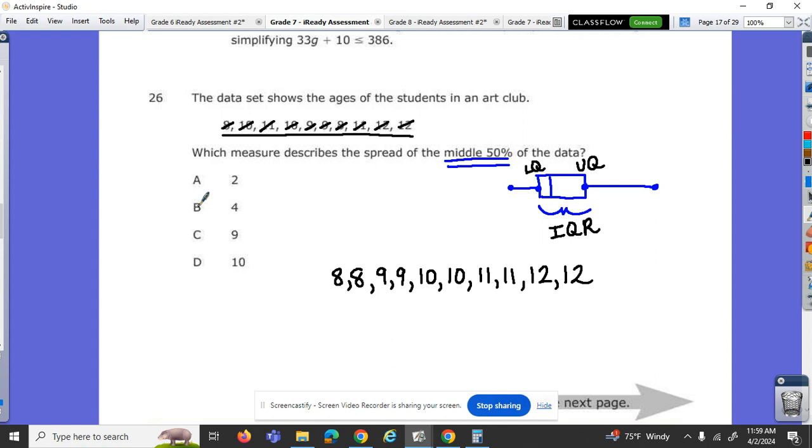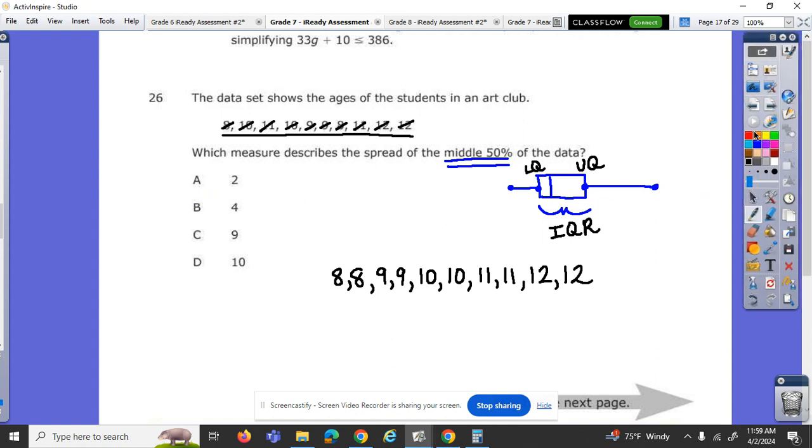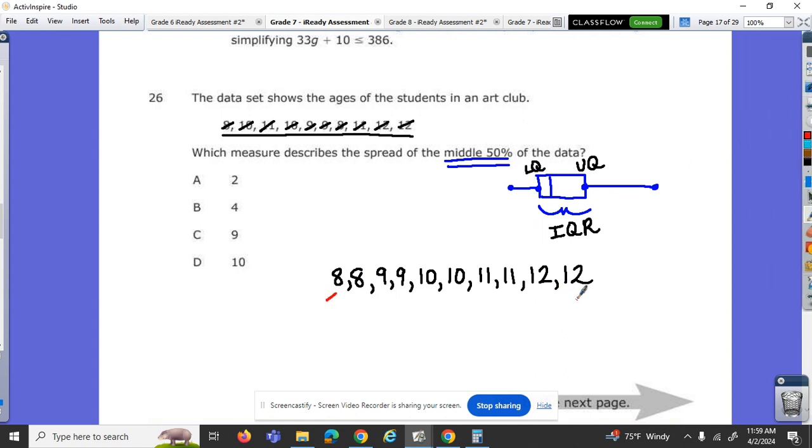All right, data is in order. First thing we need to do is go ahead and break it into two pieces. So basically finding our median. Remember the median is that dot right there, right?